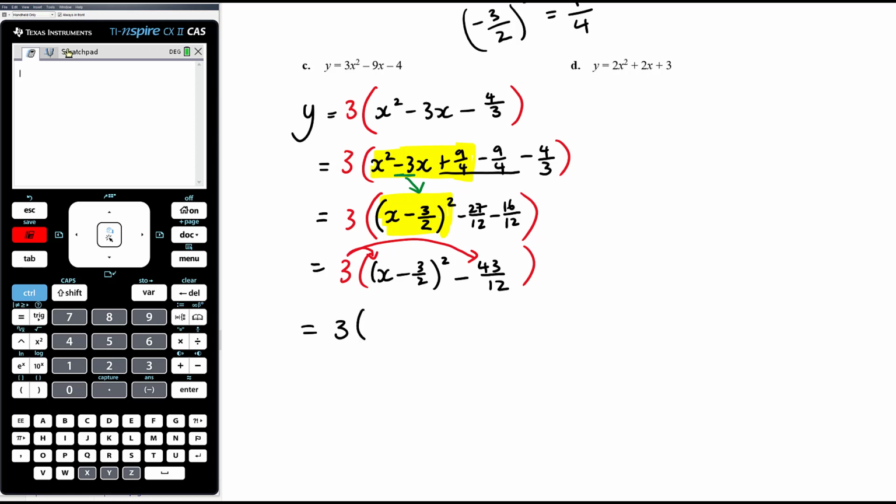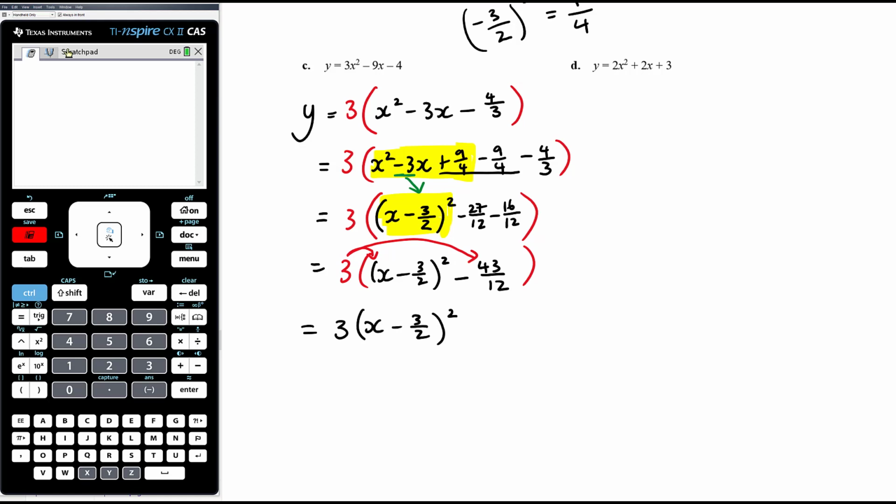Now, big hint, so I'm going to multiply that in, 3 times x minus 3 on 2 all squared. Every single time that you multiply that 3 back in, if you've got a fraction in here, that 3 will cancel down with the denominator of that fraction, always. There's a common factor of 3 in the denominator, and that's because you created that common factor of 3 up there when you divided by 3 in the first place. So I do not want to work out what 3 times 43 is and then try and simplify that fraction.